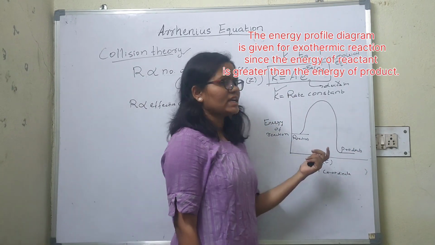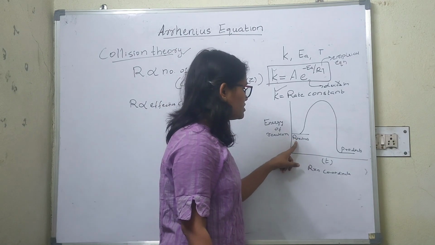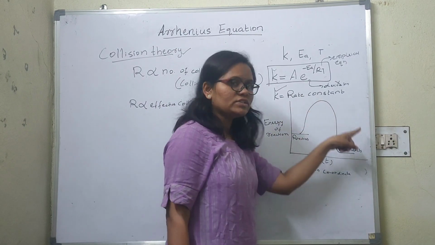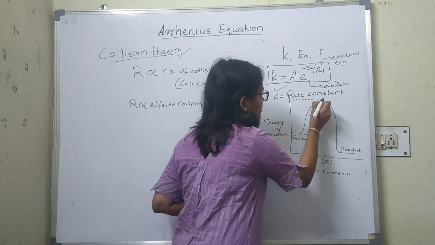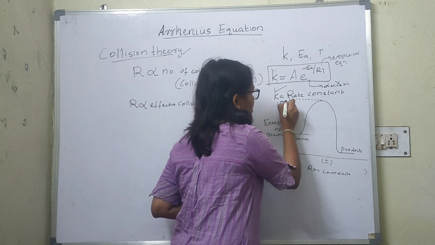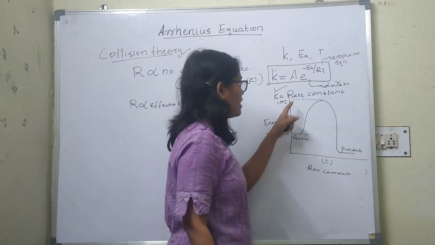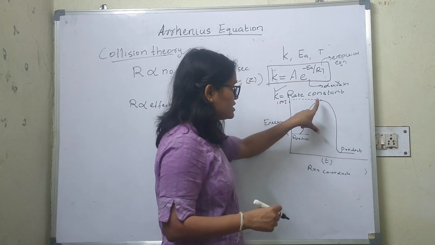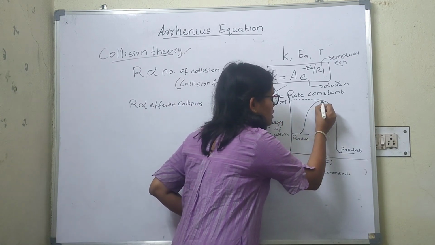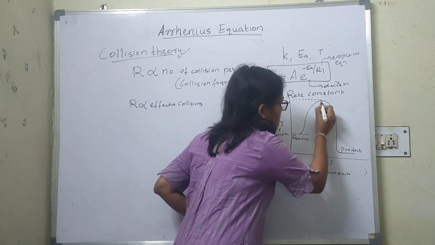So now from this diagram we see that reactants should cross this energy barrier to become products. Suppose this energy is some 100 joules. So the reactants should have 100 joules of energy while colliding to form products, and this minimum energy is called threshold energy.